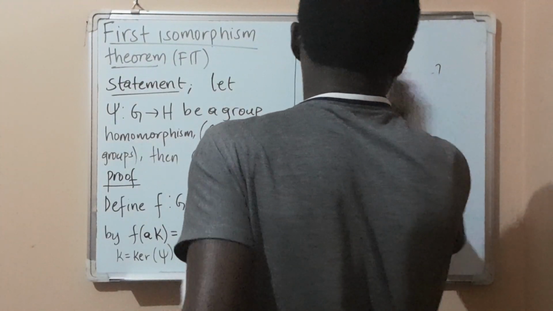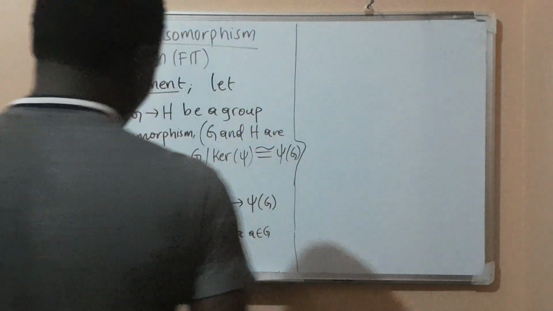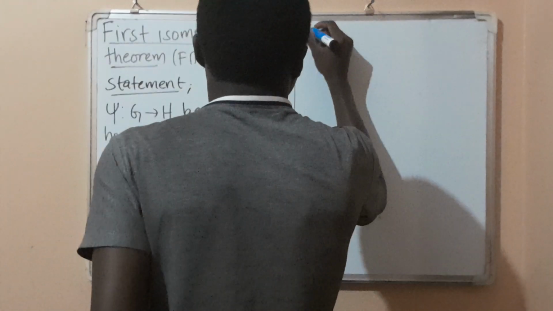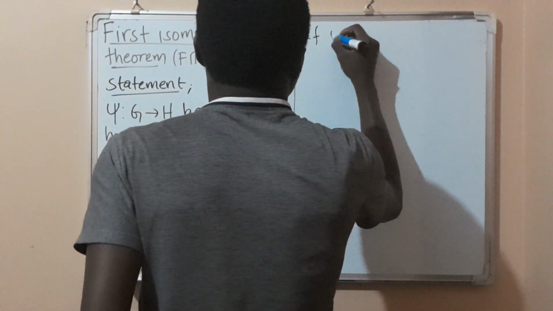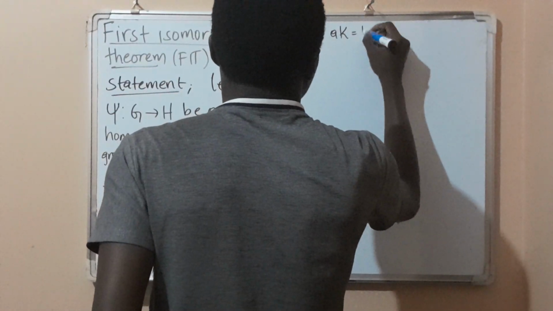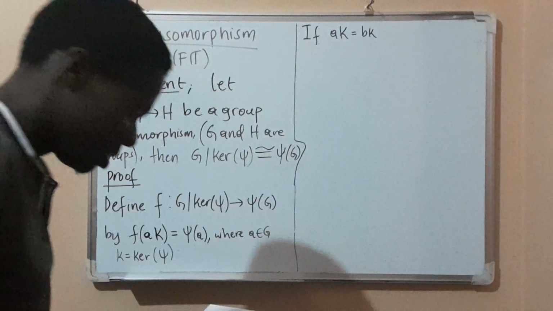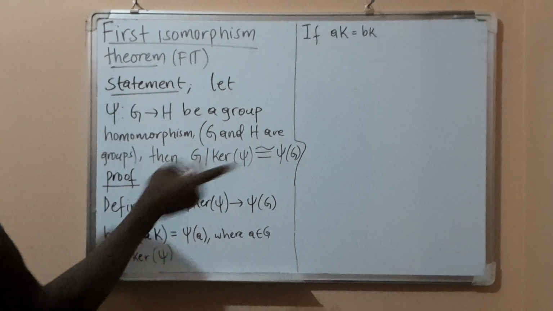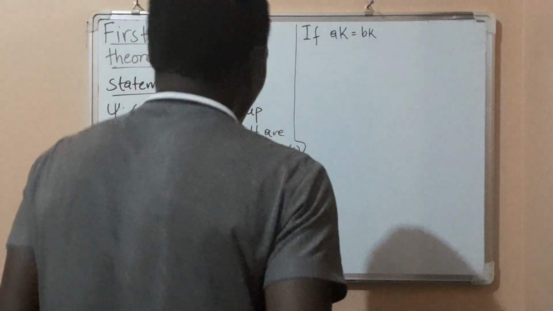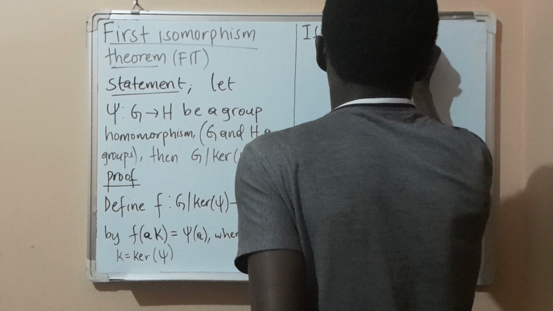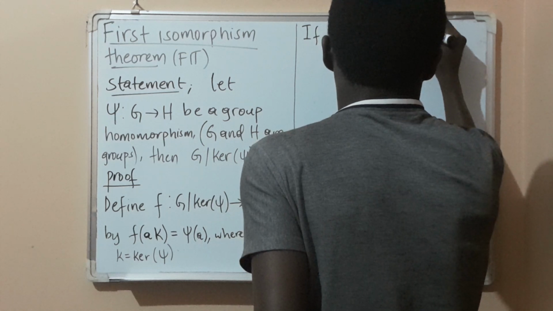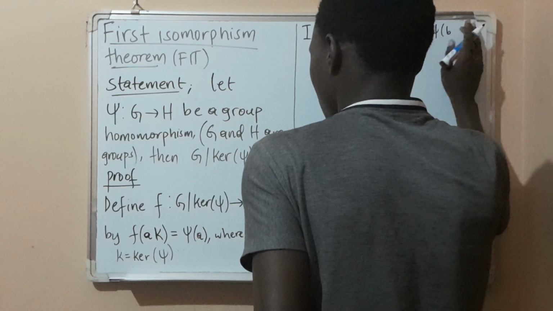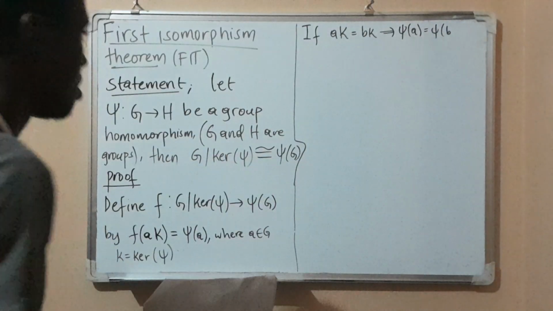So to check whether this map is well defined, if aK is equal to bK, if I pick two elements from this factor group and those two elements are equal, then this should imply that phi of a is the same as phi of b.